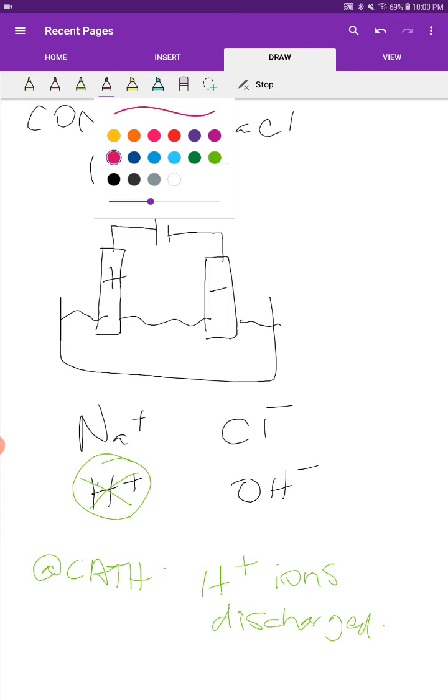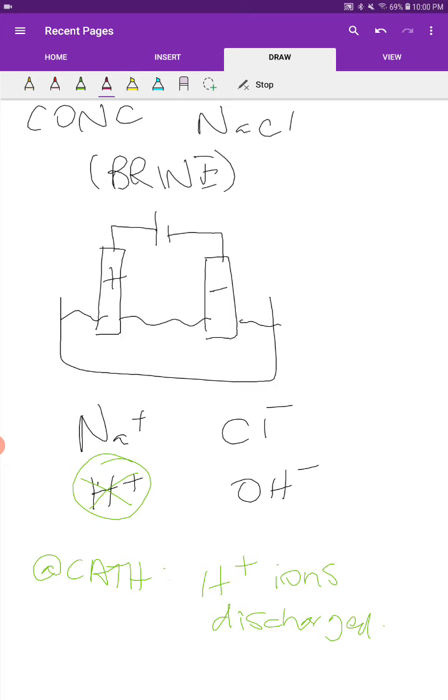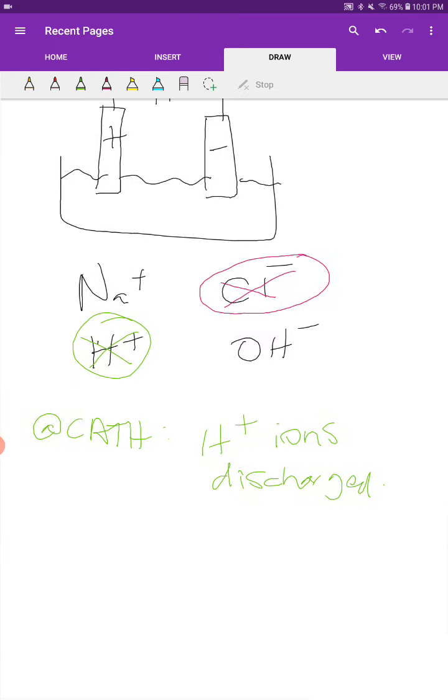When you have concentrated electrolytes, the anion that is present in the greater quantity is what gets discharged. There is more chloride than hydroxide because we're dealing with a concentrated solution of sodium chloride. So there are more chloride ions than hydroxide ions. So the chloride ions are what are going to get discharged at our anode, not hydroxide.